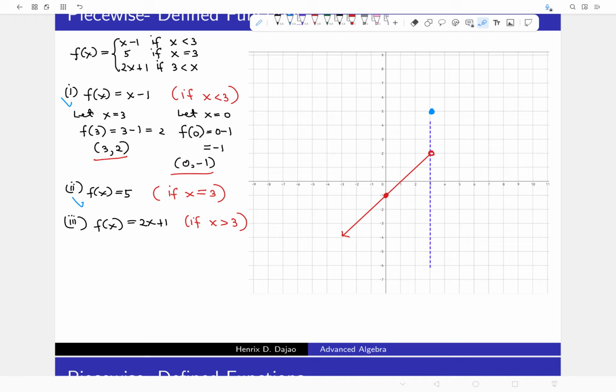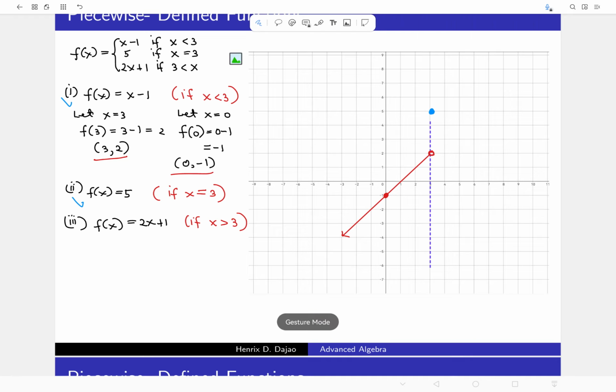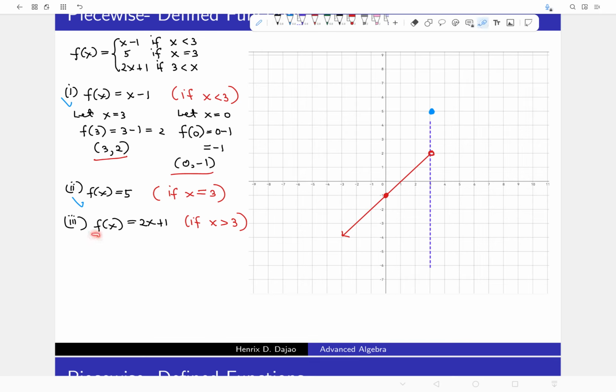We expect that this function f here is actually a line, because this is a linear function. So we're expecting a line here. Now we will use this boundary right here, just like we did for the previous function, so that we will know where we start graphing.